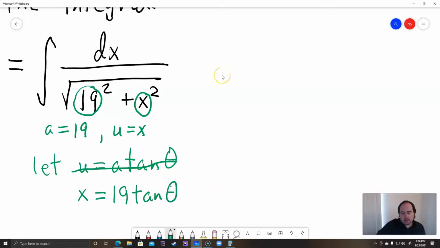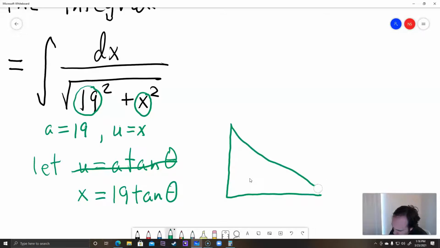So how do we do the rest of the problem? Well, it does get a little confusing. We've introduced a new variable, theta. Like I said, you don't have to always draw a right triangle, but sometimes it can be nice. And for this one, I'll go ahead and draw a right triangle. You don't have to sketch it, but I'm going to do it just so you can see it.